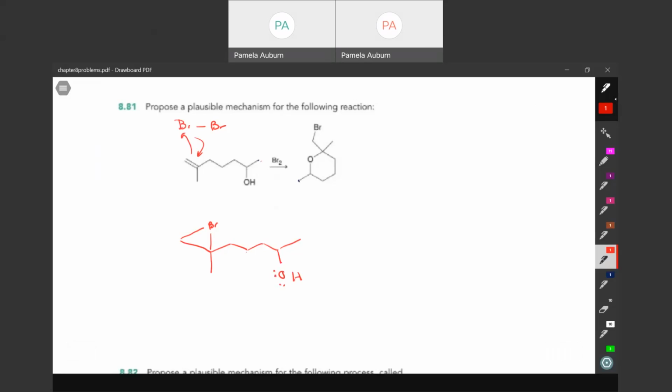And now I have an intramolecular reaction.